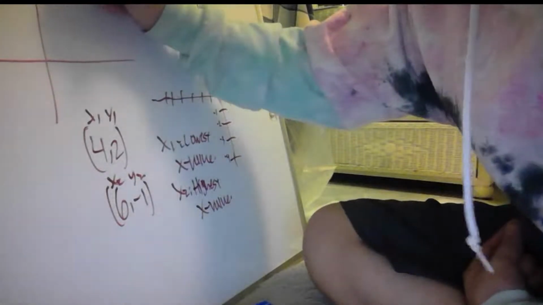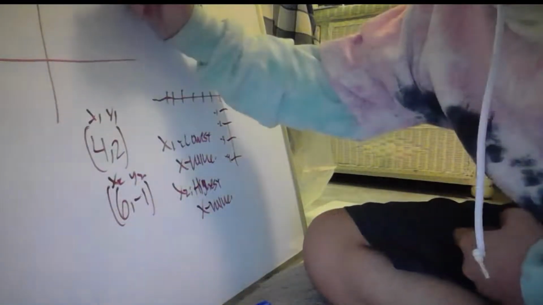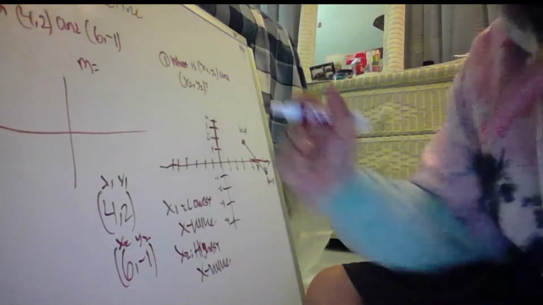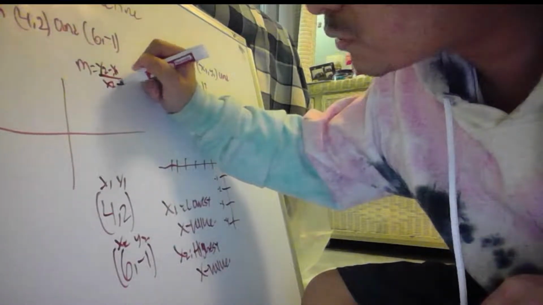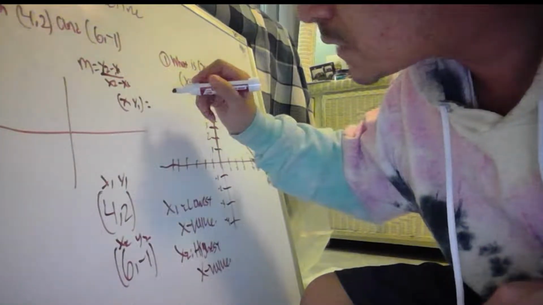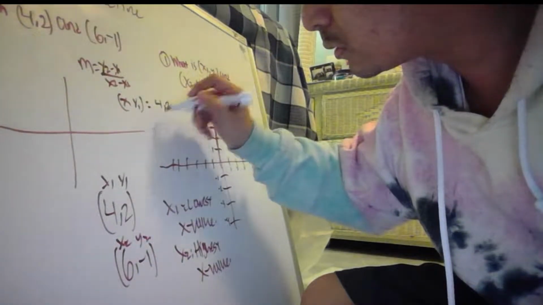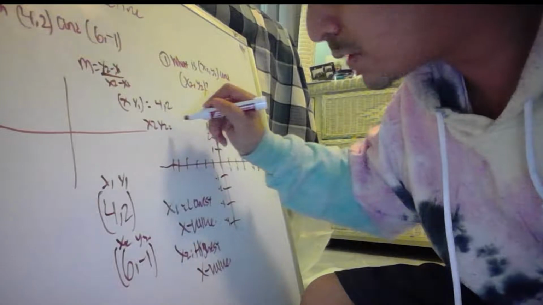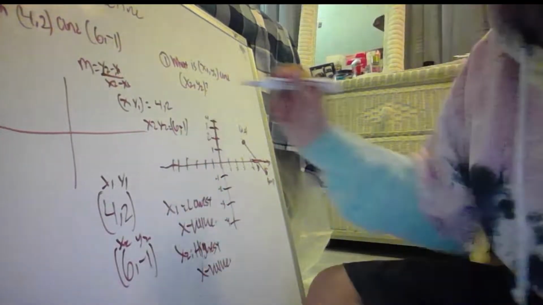So therefore, we can write the following. We can say that the slope is y2 minus y1 over x2 minus x1. x1, y1 is 4, 2. x2, y2 is 6, -1, right? Okay.